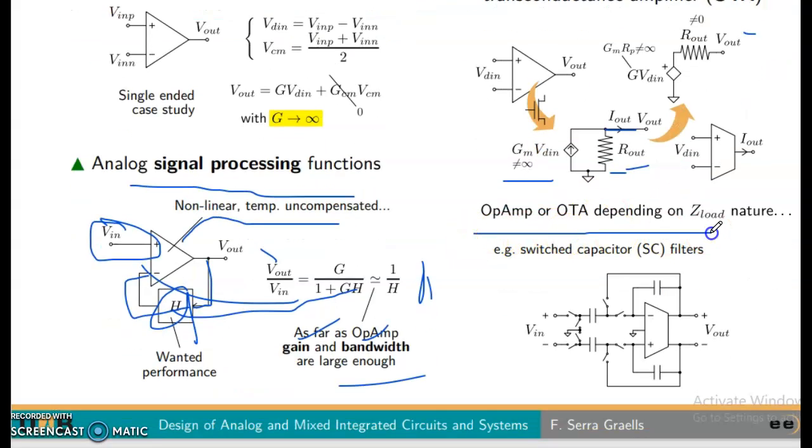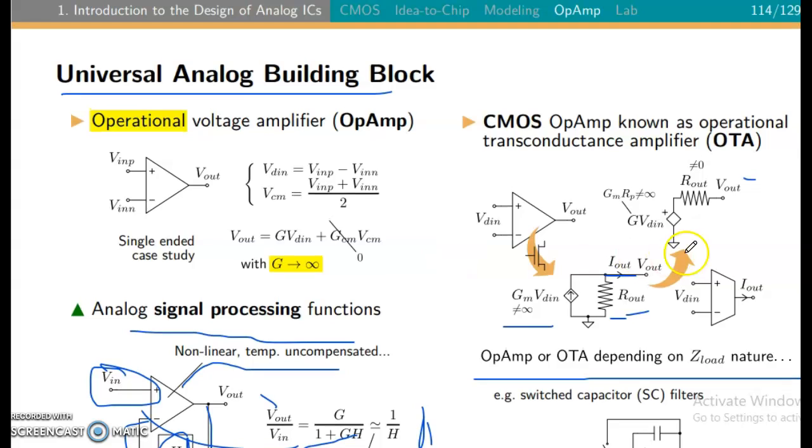Operational amplifier or OTA, depending on the nature of the load Z. OTA is operational transconductance amplifier.